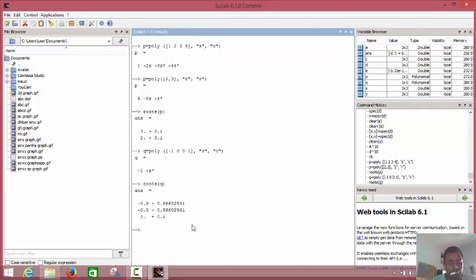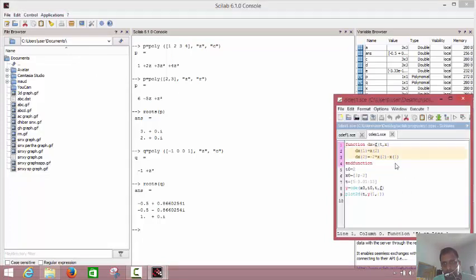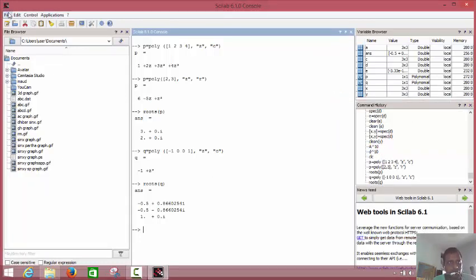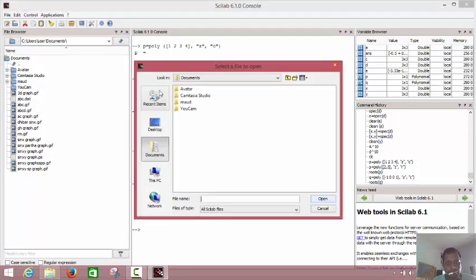We can do it also using a program. We can write the program using this.